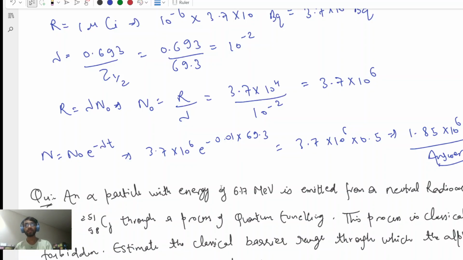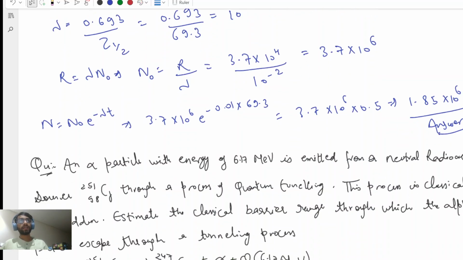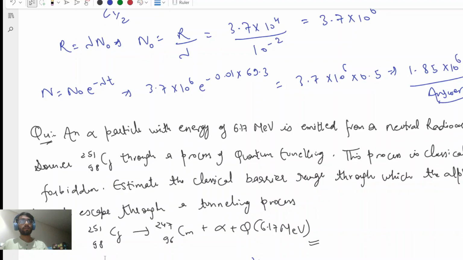Estimate the classical barrier range through which the alpha particle escapes through the tunneling process. Basically, this is the reaction. Californium atom decays into curium plus alpha, which has energy 6.17 mega electron volt.